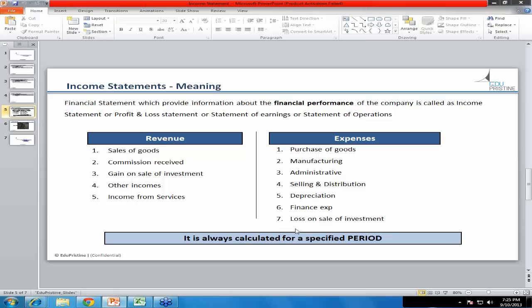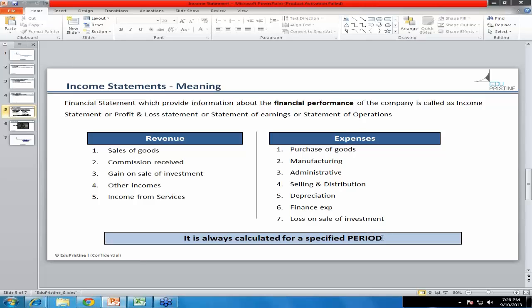And if I held them for a specific time period, in this case, to make things easier, I bought them on January 1st, 2012, and I sold them on December 31st, 2012, and let's assume that there was actually a loss on that investment, I would incur that loss on my income statement, because even though that is not a part of my core business, that is still a part of my side business.